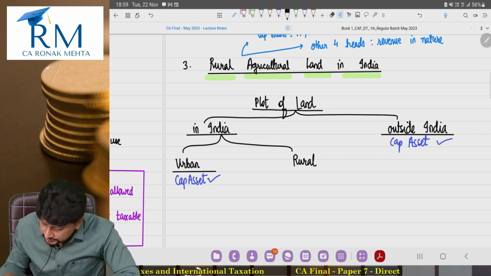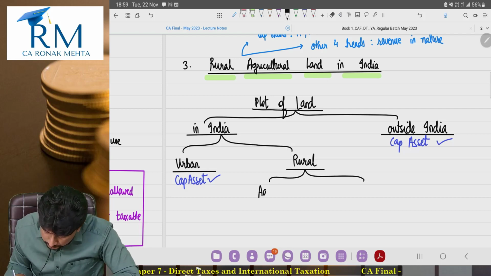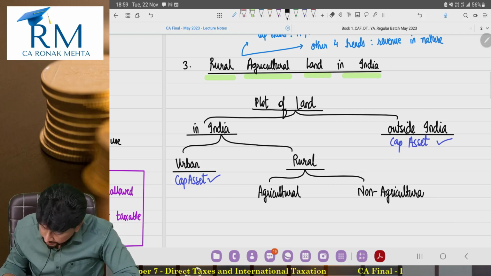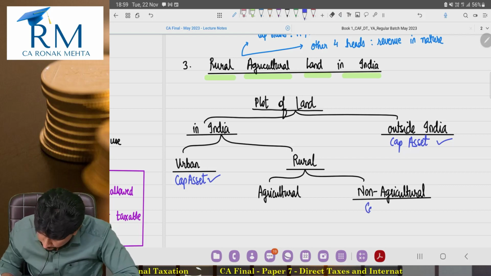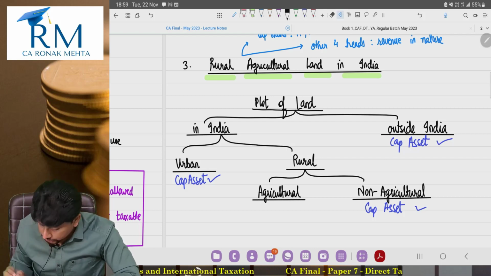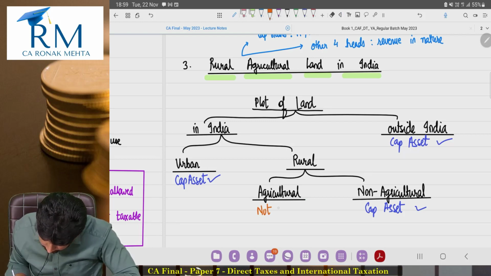If the land is in rural area, then further two possibilities, that the land is used for agricultural purposes, agricultural activities, or the land is used for non-agricultural commercial activities. So if it is non-agricultural, again it becomes very simple that yes, it is a capital asset. Only if it is a rural agricultural land situated in India, then it is not a capital asset.